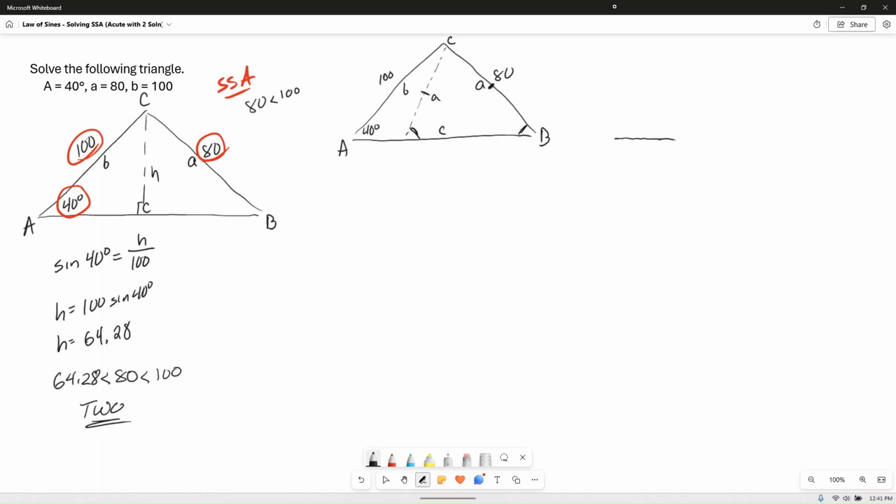So I'm going to draw basically the same triangle, but with mostly dotted lines here. So A is 40 degrees. We do know side B is 100. And I know side A is 80. Well, B is way out here on the bottom right. We can find that, but it's equal to this measure here.